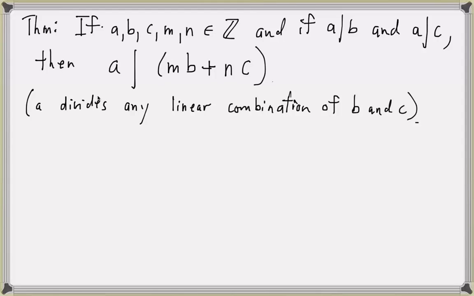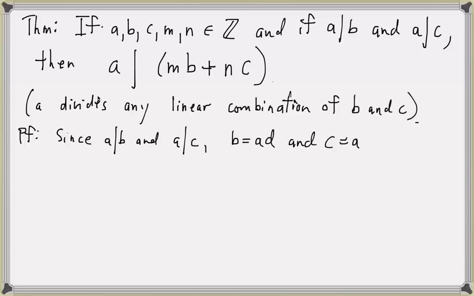Okay. So again, we'll use our definition of divisibility for our proof. Since a divides b and a divides c, we can write b as an integer times a, and we can write c as an integer times a. So b will equal a times some integer d, and c will equal a times some integer e.